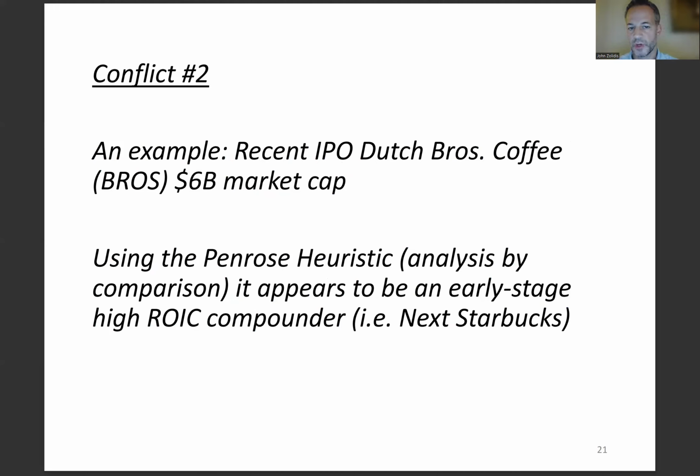It's called Dutch Brothers Coffee. It has a $6 billion market cap. If you were just to compare what Dutch Brothers looks like to other businesses, you might say, hey, this looks like an early stage high ROIC compounder. In other words, the next Starbucks. In fact, a lot of IPOs in the restaurant space over the last 10 years benefited from looking like the next Starbucks or the next Chipotle. And it turns out that there's really just one Starbucks and one Chipotle.